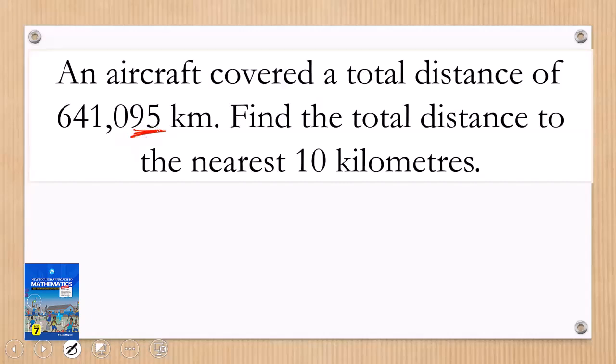Either we call it 90 or we call it the next number, and the next number will enter into 100. If not, we could have said 641,090. But because the digit 5 is 5 and above, we round up.